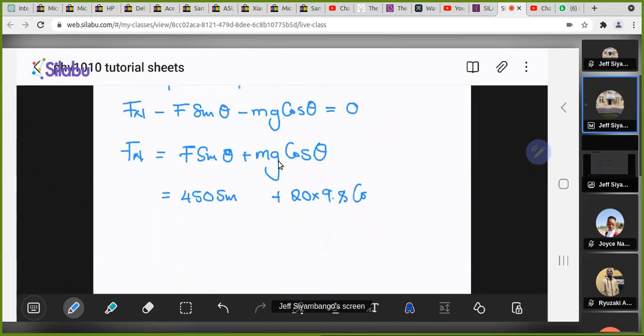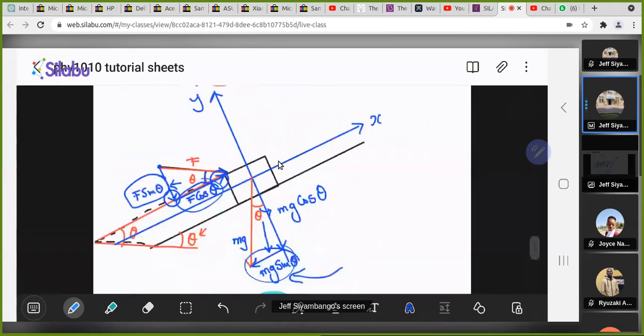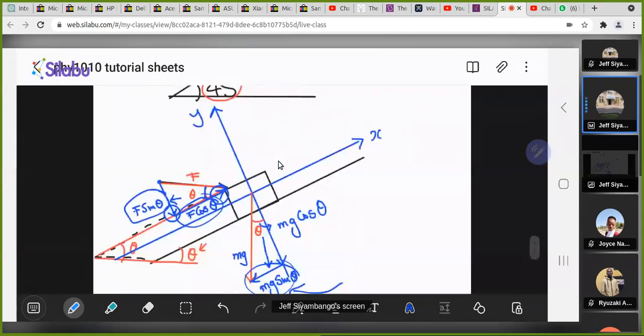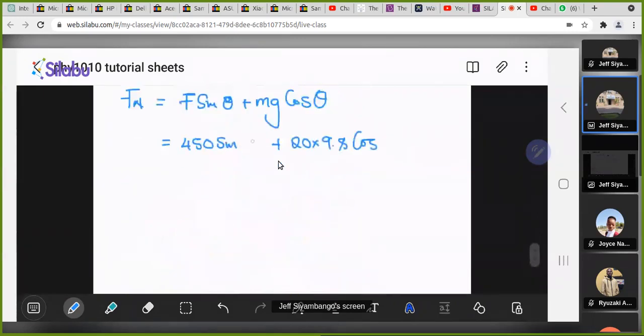Let me get the angle now. The angle is, what's my angle? 45 degrees. So that is sine 45 here and cos 45 here. So in the end, Fn comes out as, let's do some quick math.